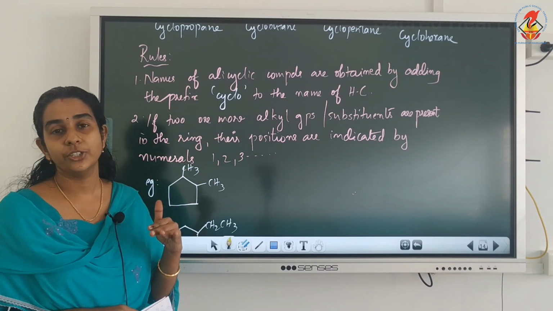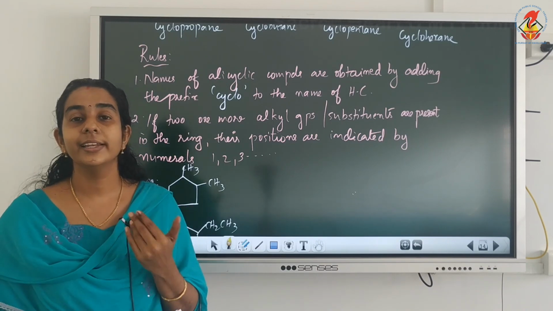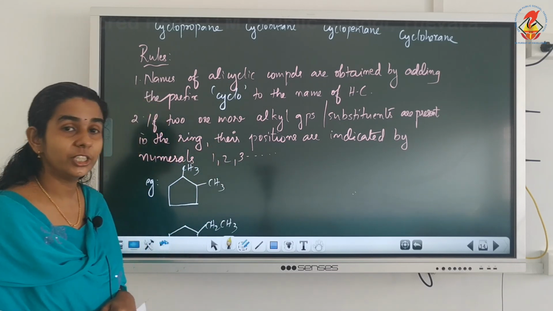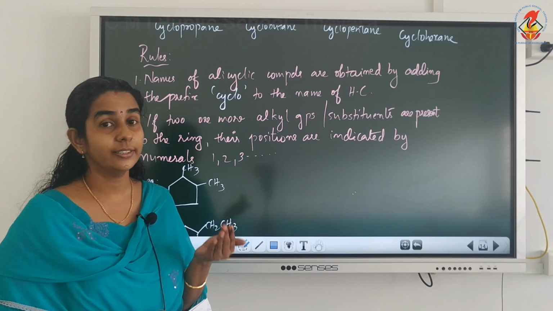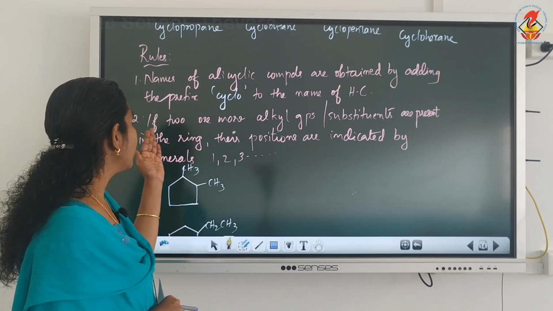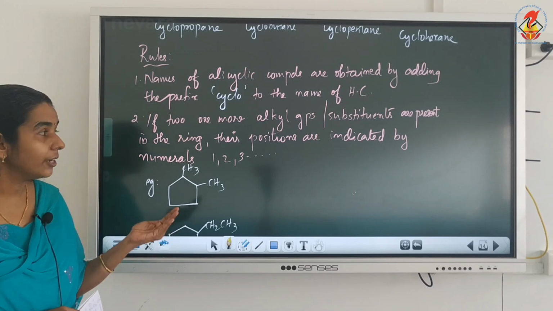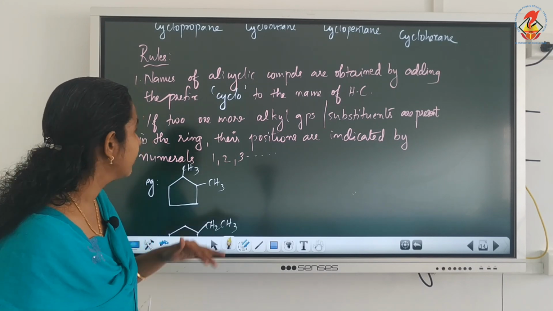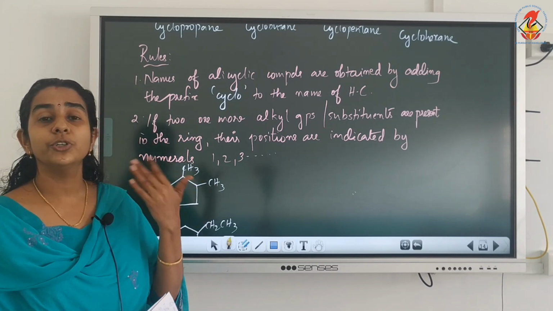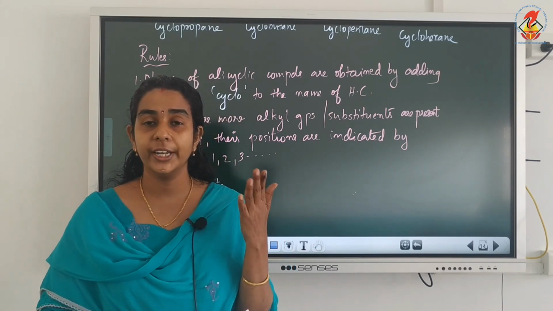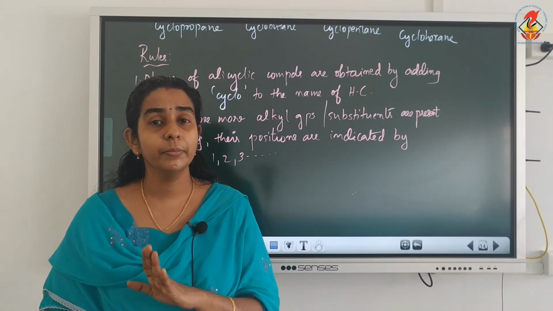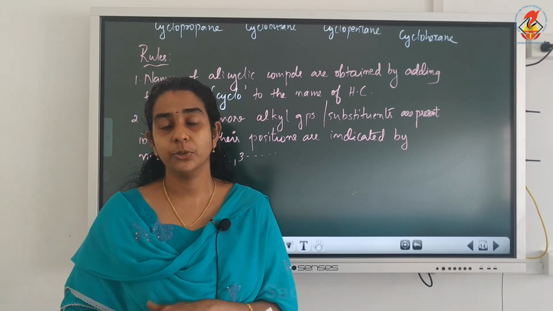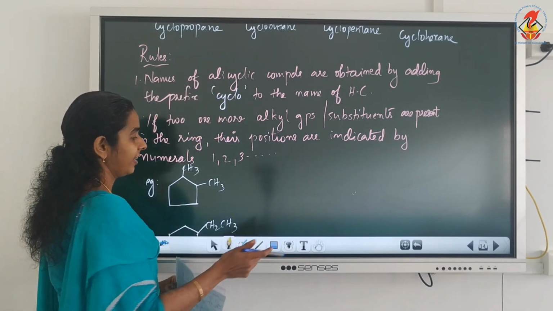Now, when we get a compound containing an alicyclic ring, if there are two or more alkyl groups or substituents, because alkyl groups are always considered as substituents, as prefixes only, then how we do the naming of a chain compound, where we give numbers to the carbon atoms present in the parent chain, here we have to give the numbers in the ring.